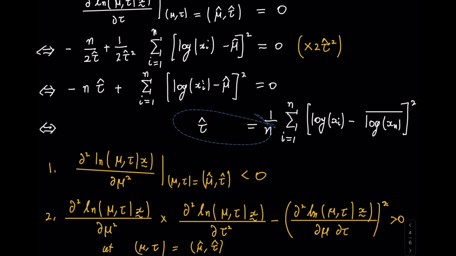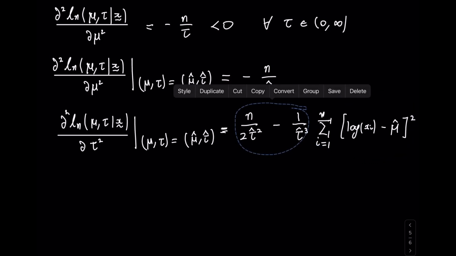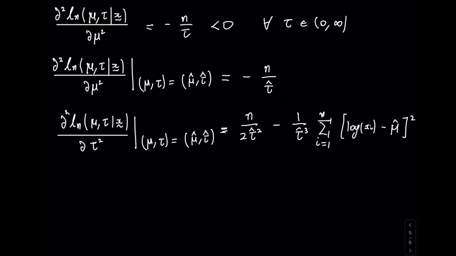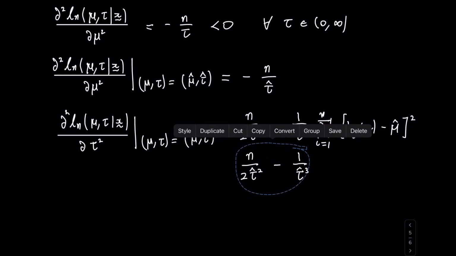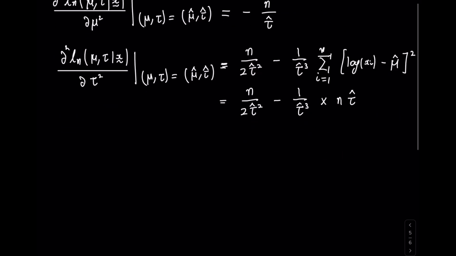if I cross multiply the n. So where I see the sum of log xi's minus mu hat, which again was the average log, I can now rewrite this expression, so these stay the same, but I can rewrite this expression as times n tau hat as our next expression.